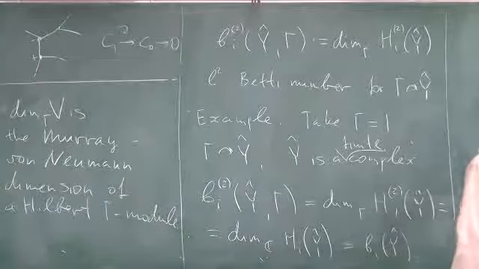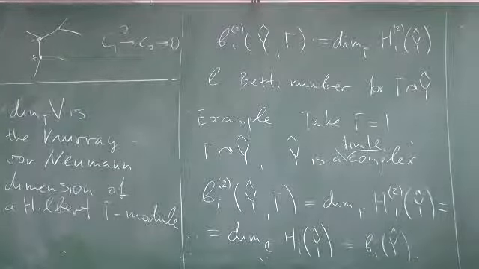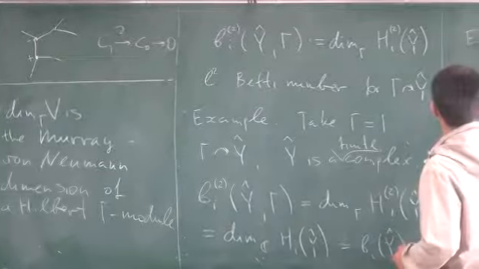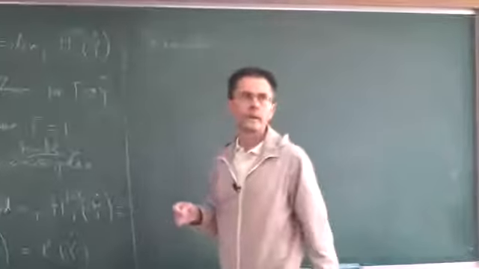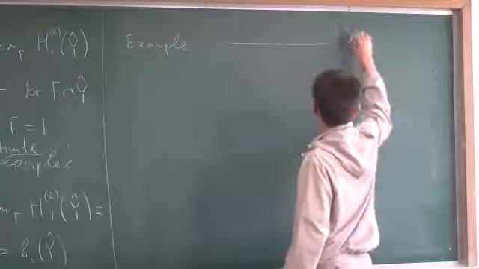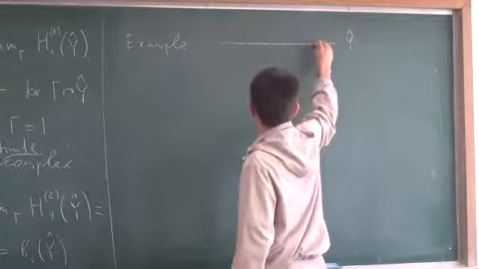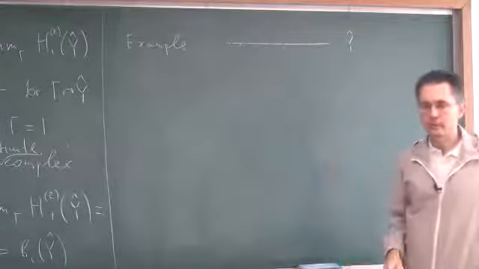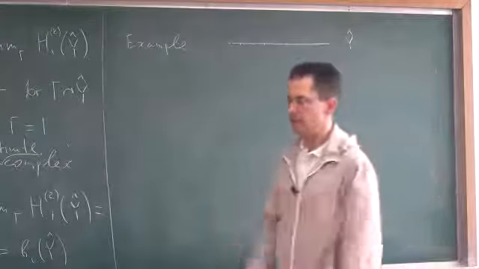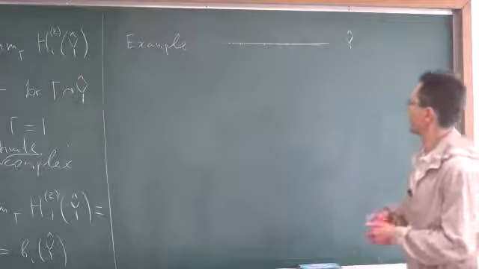Is the L2 homology any different from the usual homology? So consider another example. Let's take Y hat to be this line subdivided into intervals. So it's a one-dimensional complex, a graph, which is an infinite line subdivided into intervals.